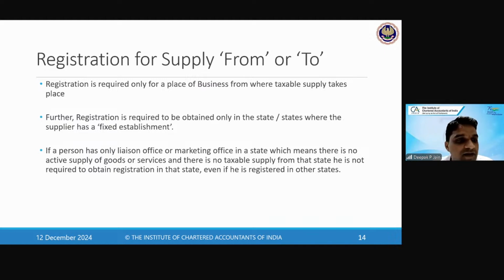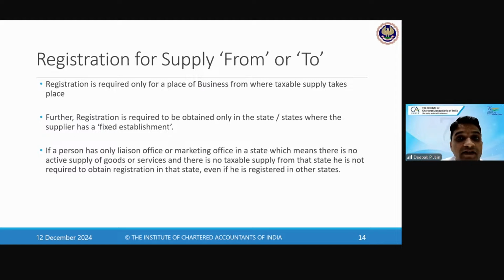If you do not have a fixed establishment, then not required. What is a fixed establishment?